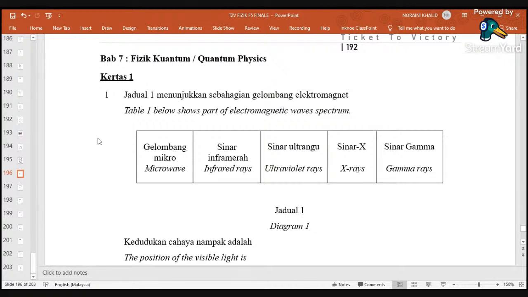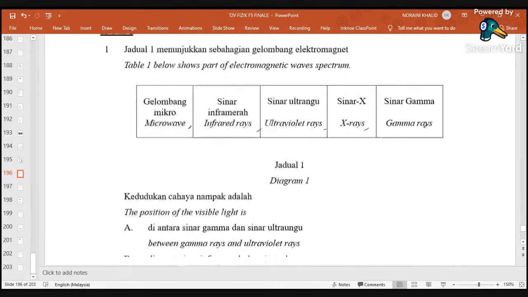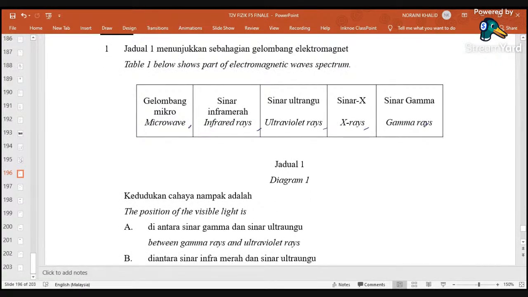Okay, question number 1. Table 1 below shows part of the electromagnetic wave spectrum: microwave, infrared, ultraviolet, X-rays, gamma rays. Where is the position of visible light?